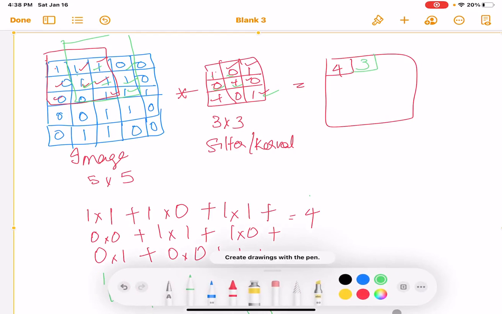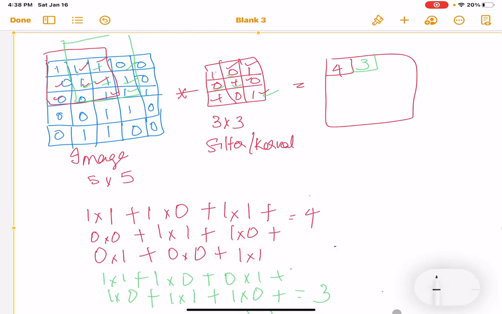And finally, you do the same process at this new local receptive field, and this would again give me an answer. If you do that, you get a value of 4. Now the next local receptive field I will be choosing is this one.